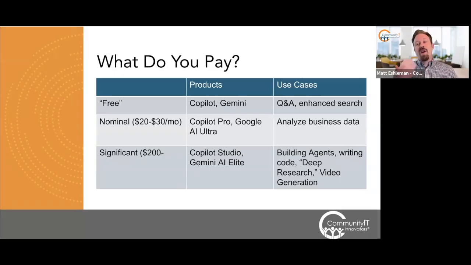So now you get the enterprise terms of service as opposed to the freemium or consumer terms of service, and you can have those conversations and everything should be protected there, right? It's Q&A, enhanced search, help you build this policy, review this email. Those kinds of things that you maybe would have looked up with a Google search, now you're using natural language queries for the AI.